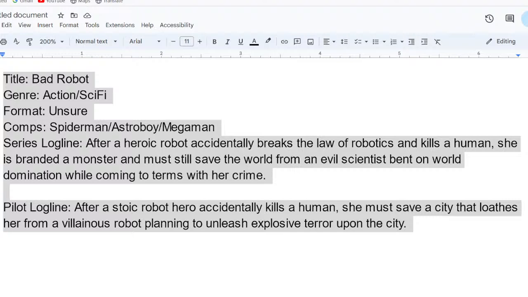All right, pilot logline. Read that for us. After a stoic robot accidentally kills a human, she must save a city that loathes her from a villainous robot planning to unleash explosive terror upon said city. Okay. So it has a little of what we talked about today, where the pilot logline is mostly the same as the series logline.